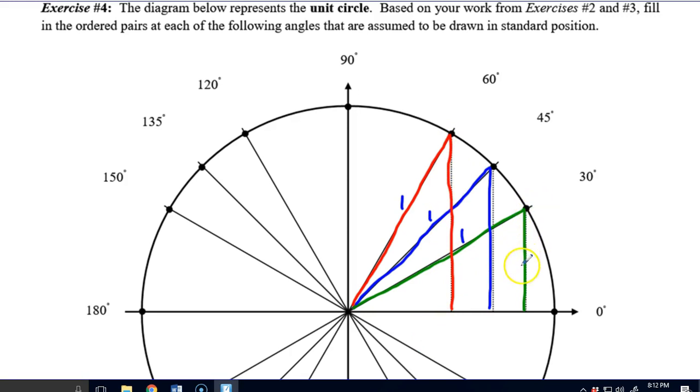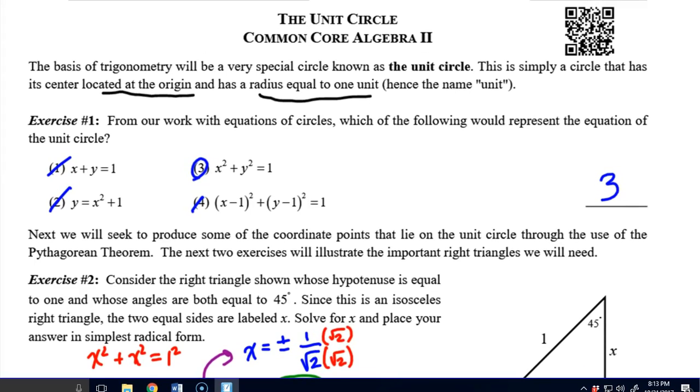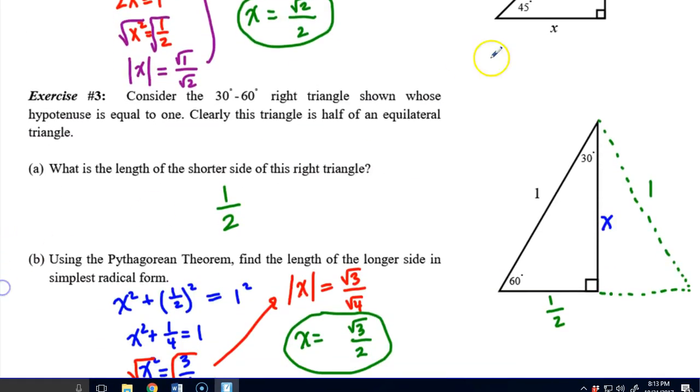Therefore, we know the x and y. So let's take on that green one. The green one, we know the hypotenuse is a 1. And if this angle here is 30 degrees, across from the 30 degree angle, well, what was that? Let's go back and see. So across from the 30 degree angle, remember it's half. And across from the 60 degree angle is square root of 3 over 2. So let's put that in.